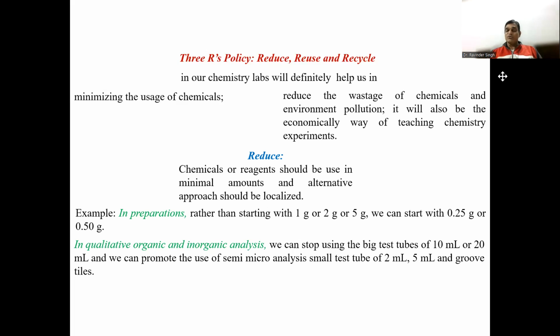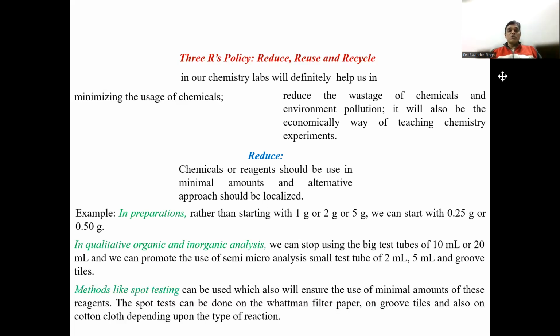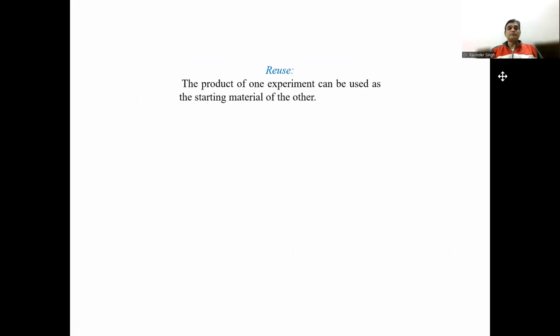Methods like spot testing can be used, which also ensure the use of minimal amounts of reagents. The spot test can be done on Whatman filter paper, on groove tiles, as we already discussed, and also on cotton cloth, depending upon the type of reaction.